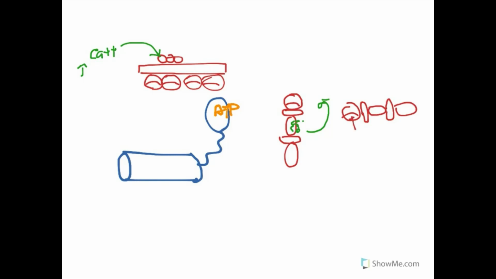So when calcium binds, the troponin-tropomyosin complex rotates out of the way here, exposing the active sites. So the very next thing we saw was the active site exposure.